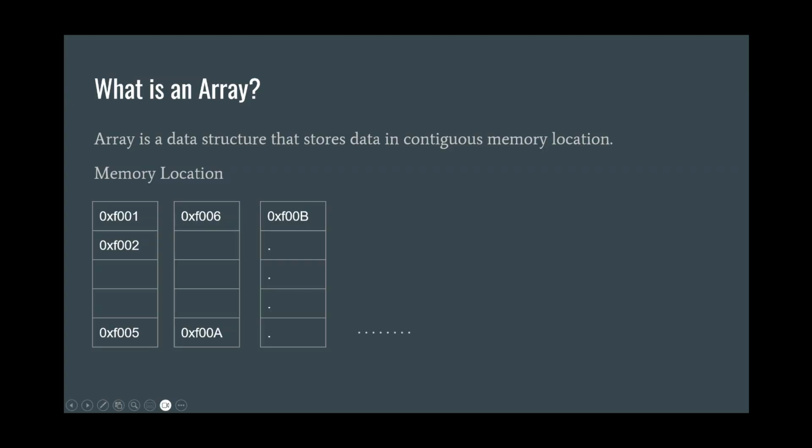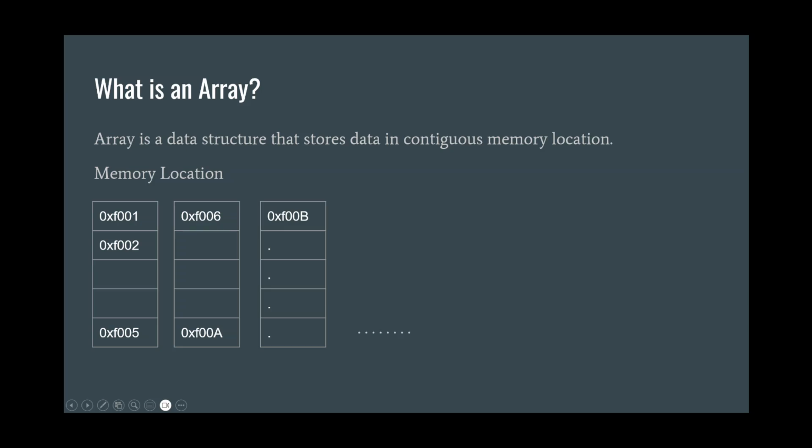The block just adjacent to a block will have the next address. For example, if this first block has the address 0xf001, the second block will have 002 and so on. It will go like that only.